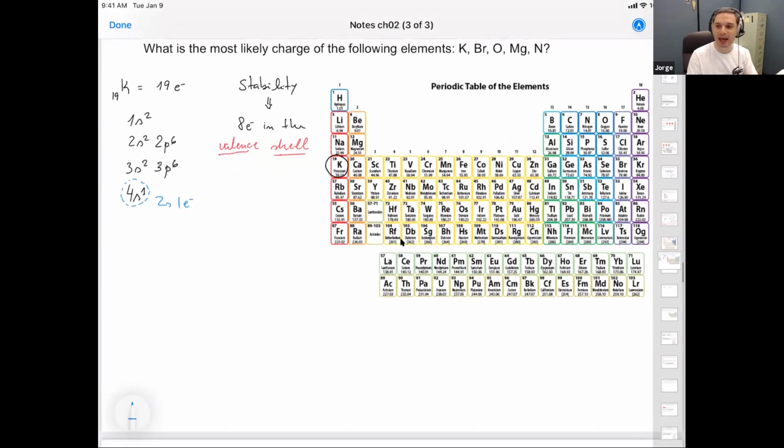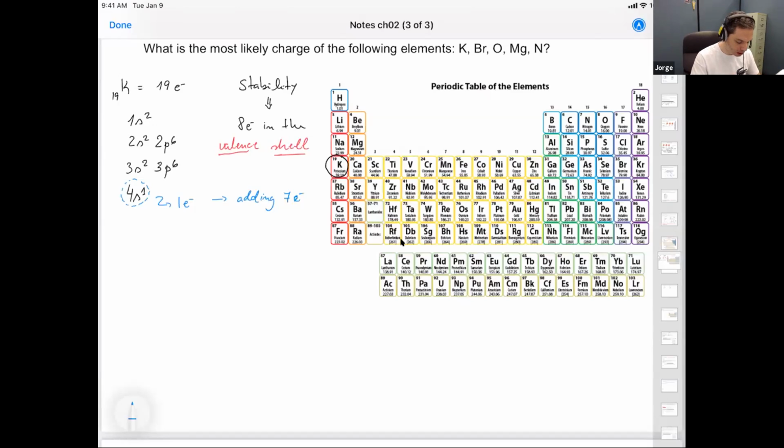If you just have one electron in the valence shell, one way to get 8 is to add 7 electrons, and then you would get to 8 electrons in the valence shell.